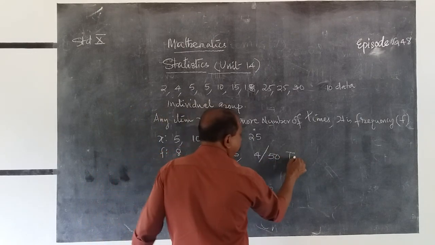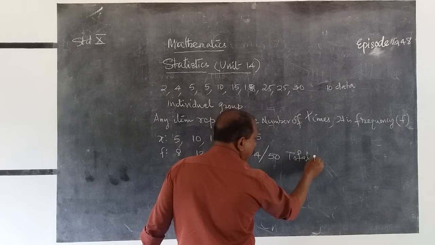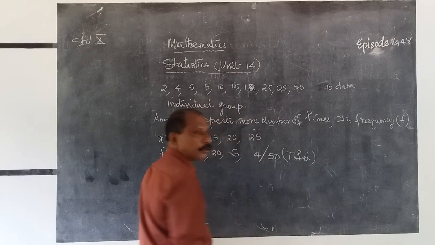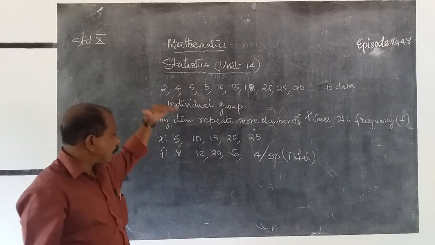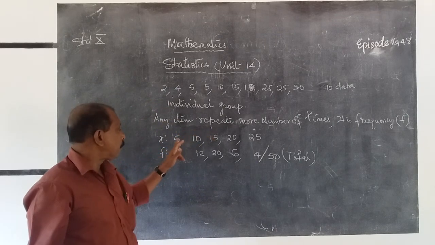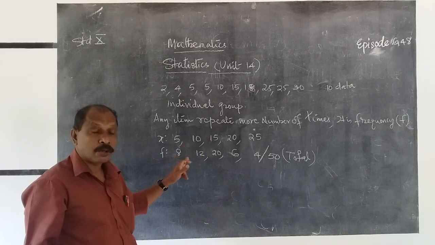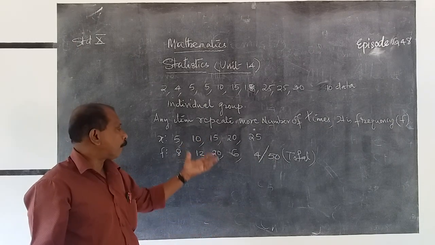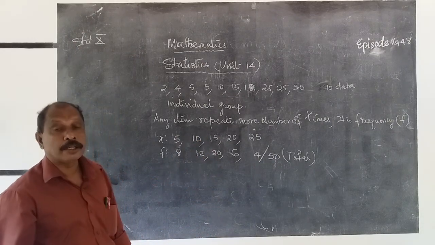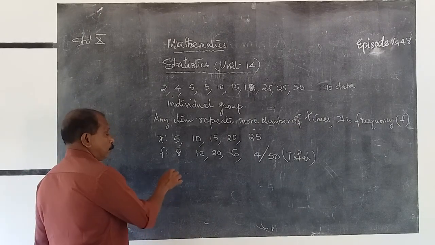Therefore, the total is 50. That is the total. Therefore, there is a group with numerical values and their own frequencies. This group is an ungrouped frequency distribution.